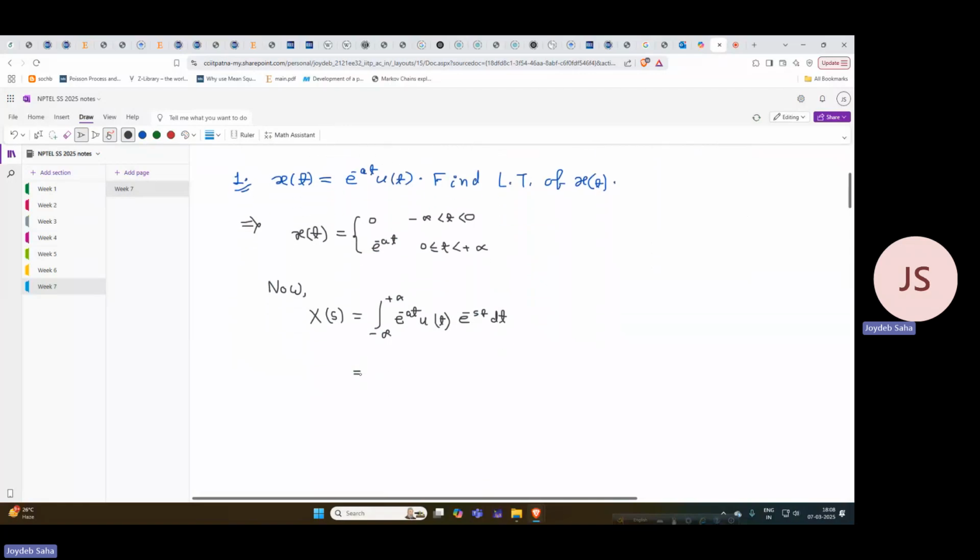Is equal to, it will be the integral from minus infinity to 0 of 0 dt, plus the integral from 0 to plus infinite of e to the power minus at multiplied by e to the power minus st dt.